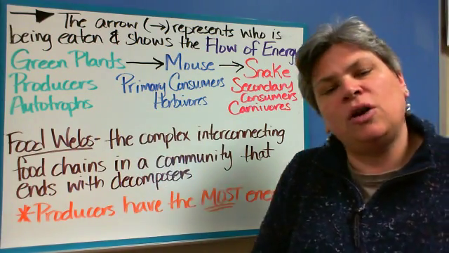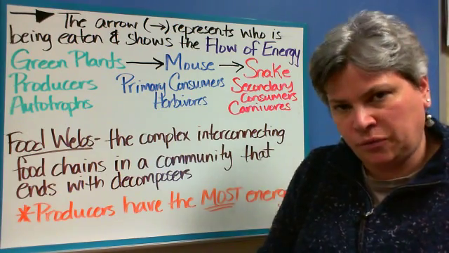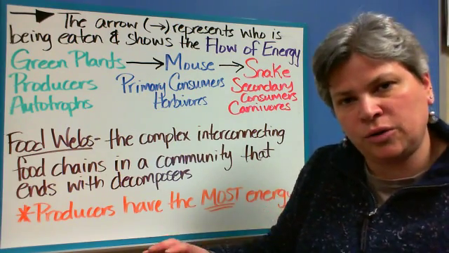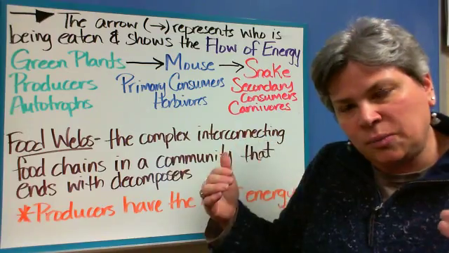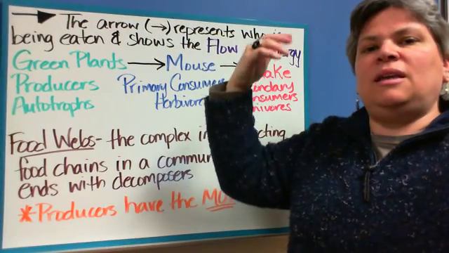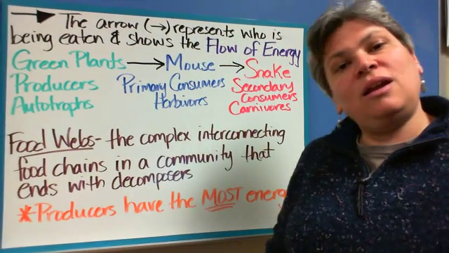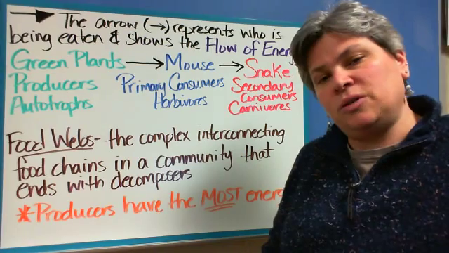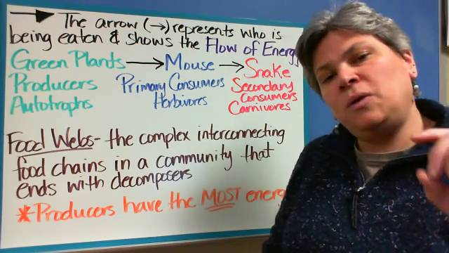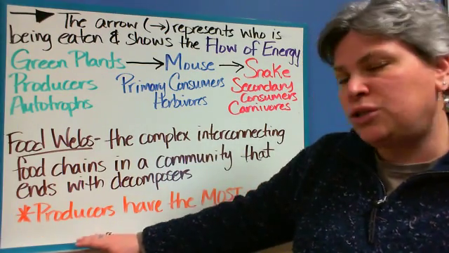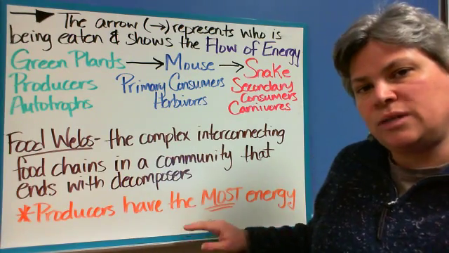And if you look in your notes, it shows you a really nice picture of a food web. At the bottom, you've got all your producers, you've got the organisms that eat the producers, you've got the organisms that eat those organisms. And then it also shows you a few tertiary consumers in there as well. The thing that I want you to keep in mind is that the producers have the most energy.